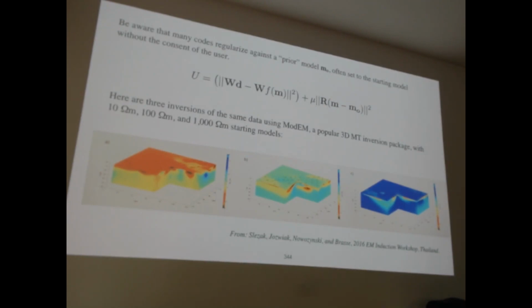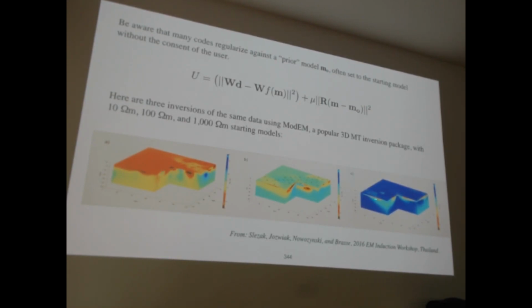There's a very good 3D inversion code called ModEM. It's distributed by Gary Egbert's group. It's the only easily obtainable public domain 3D MT inversion package. But one of the things it does is it regularizes not just the roughness of the model, but also the difference from the starting model. And so you have to be very careful.